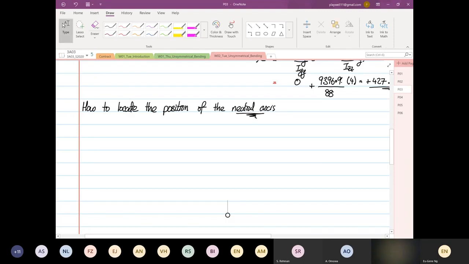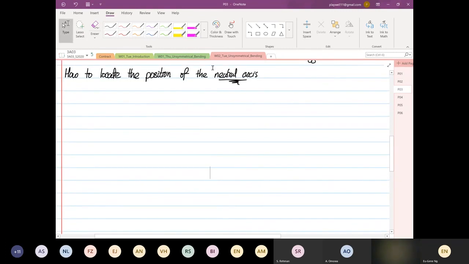Okay, so I'm going to draw a diagram. I'll start with a simple shape first. Again, rectangular. Okay, and then we have our axis. So this is Y, and this is Z.